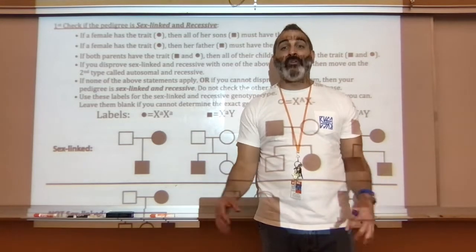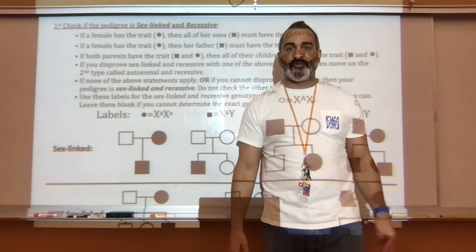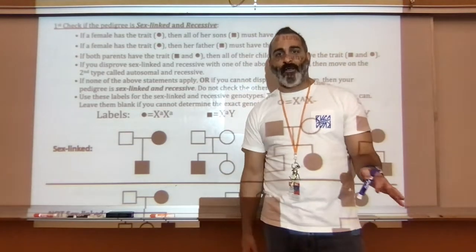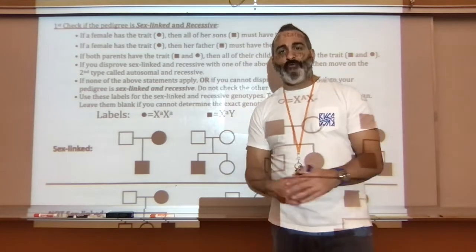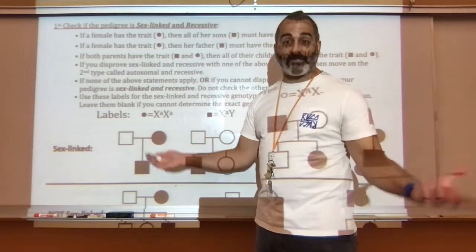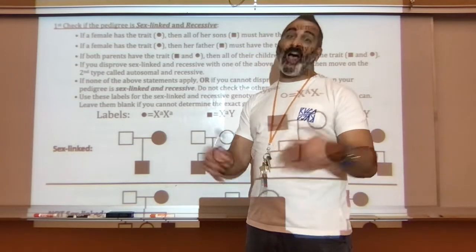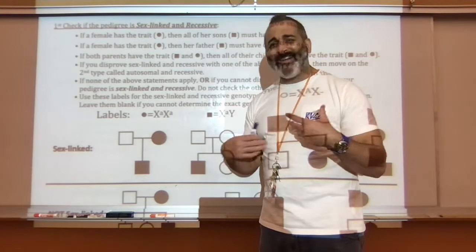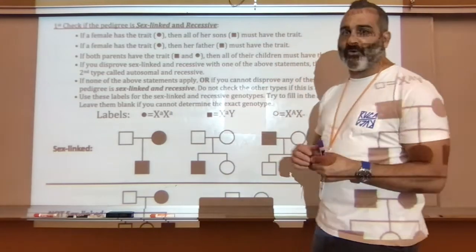You have to disprove number 1 every time. So you start with sex-linked no matter what, every time. And your goal is to prove that this item was passed down in a not sex-linked manner. If you can prove it's not sex-linked, then you move forward, okay? So how do you do that? Sounds complicated. I'll show you in a second.